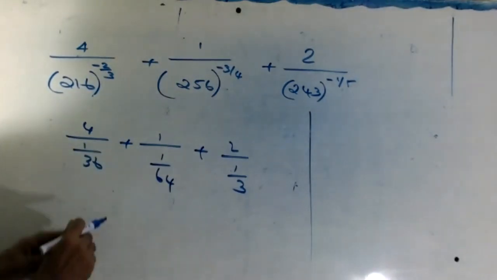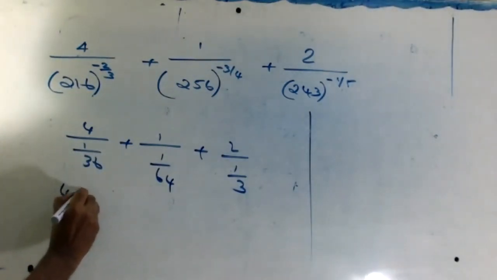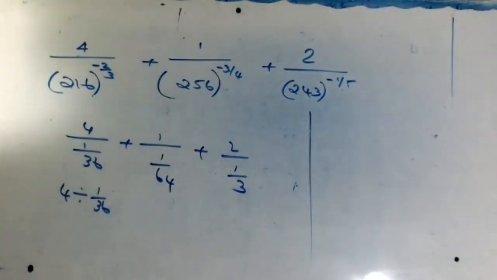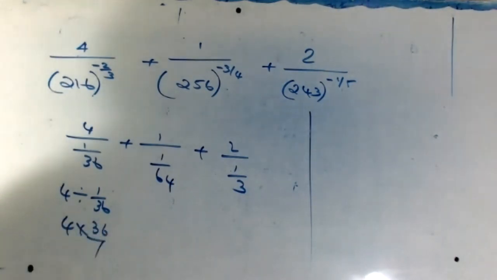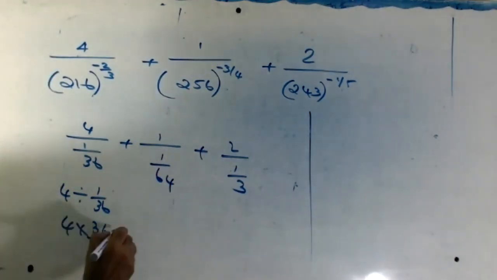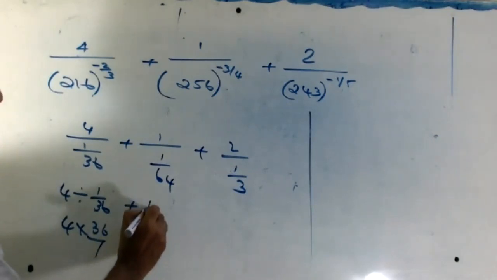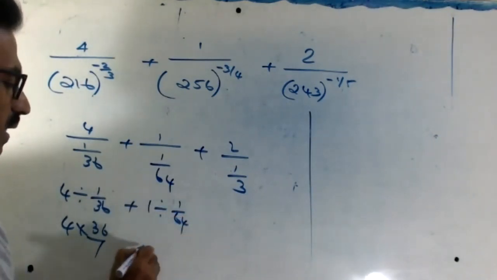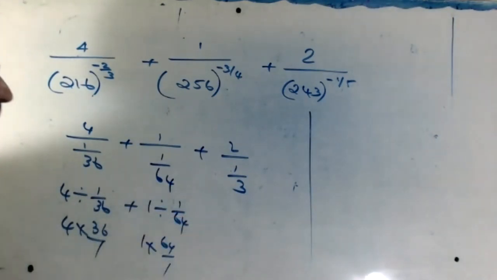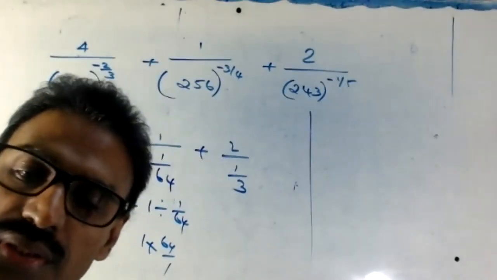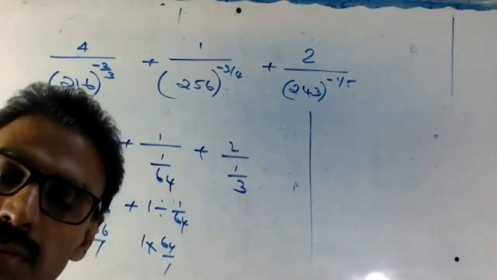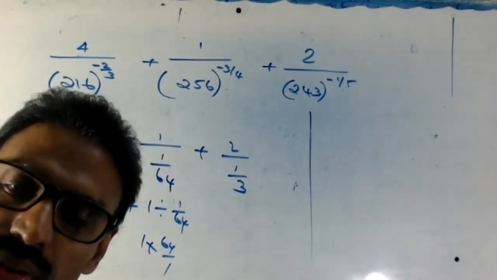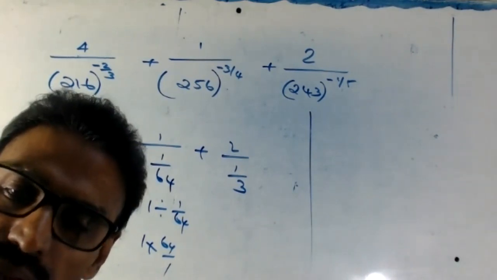How will we do 4 divided by 1 by 36? 4 into 36 by 1, right? Plus, because we don't want to go that low level now, 1 divided by 1 by 64 is 1 into 64 by 1. Others, is this your doubt? Now clear or not?